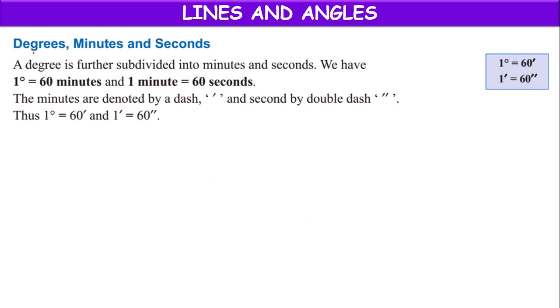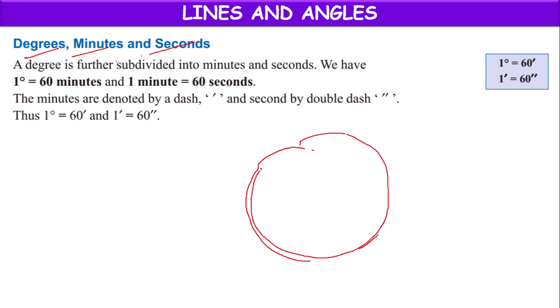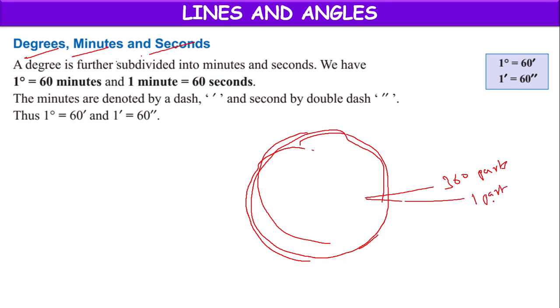Next, children, we have a concept called degrees, minutes, seconds. So if we have a clock, the clock is divided into 360 parts, so that one part will be equal to 1 degree.